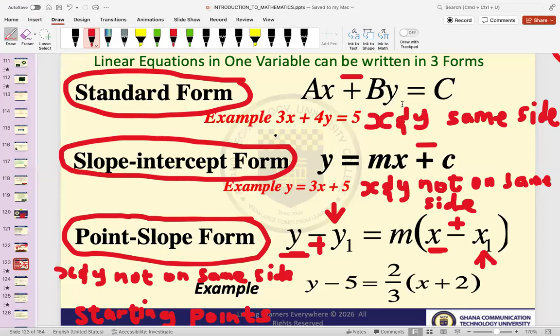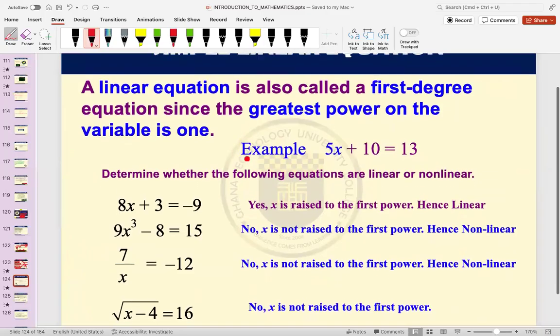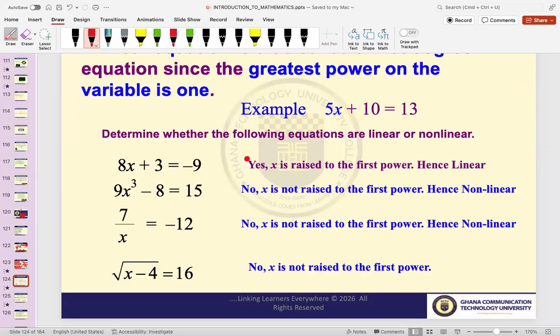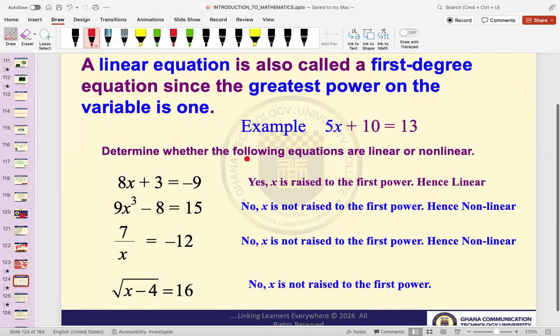Okay, so let's proceed after Abraham's question. Now, we are still on the first simple linear equation. We want to look at various equations we can come across.